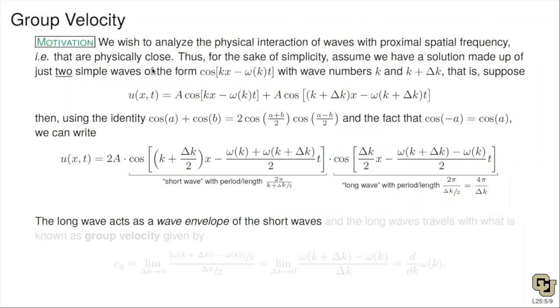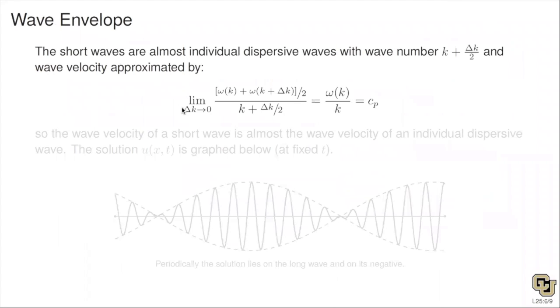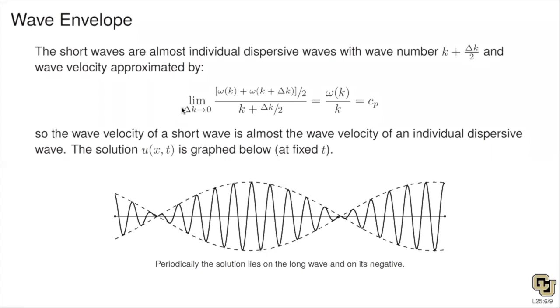And so the theory is, when we graph these things, it turns out that the long wave acts as what we call a wave envelope of the short wave. So let me go to the picture. And so here, if you graph it, the graph is this dark curve. That's the graph. But if you graph the long wave, so here the dashed line is the graph of just the long wave part.